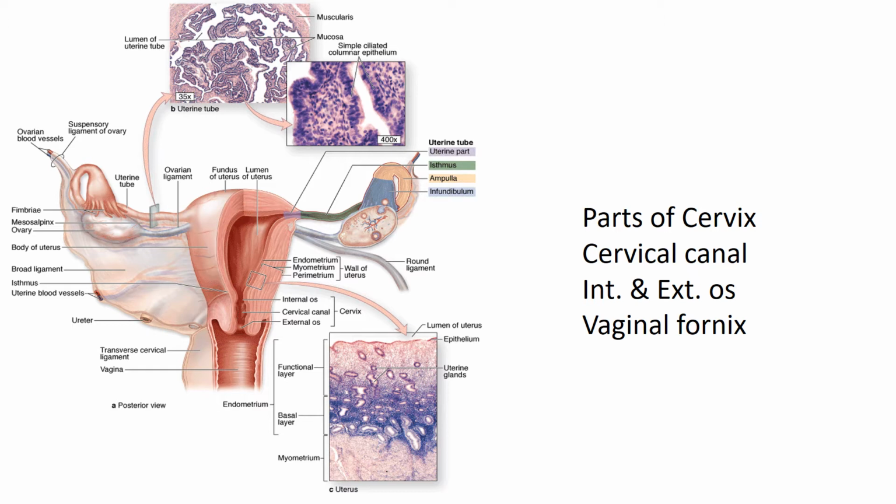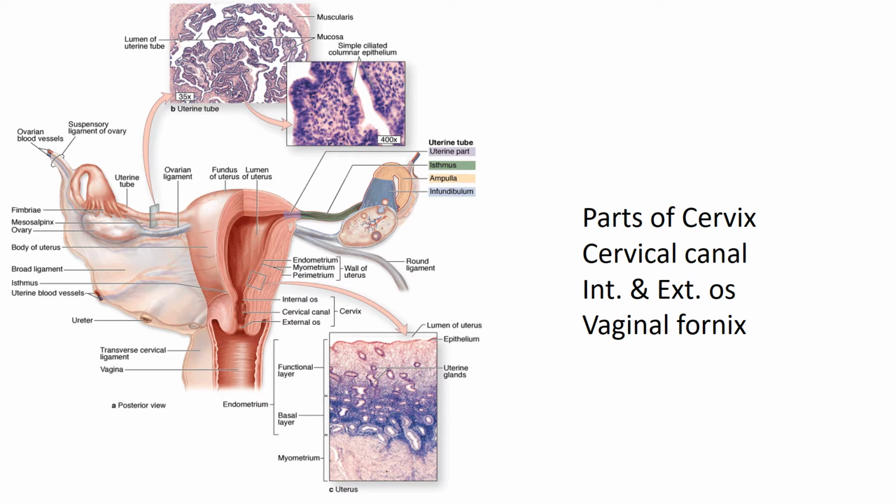And this portion which is protruding has the lining similar to the lining of the vagina. So this portion is known as the exocervix, and this portion, from the internal os up to the external os, is known as the endocervix.